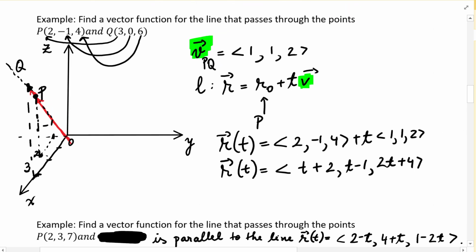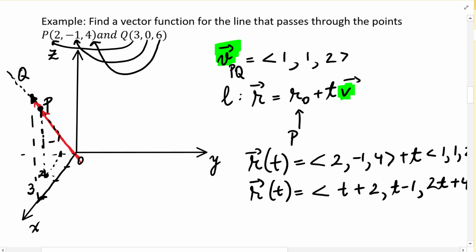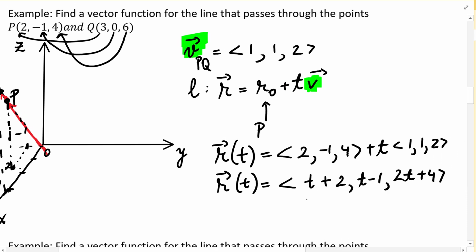So this is the vector function for the line that passes through the points. These are the x of t, y of t, and z of t.